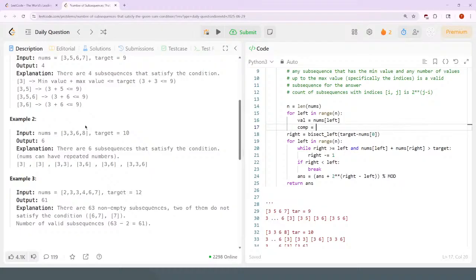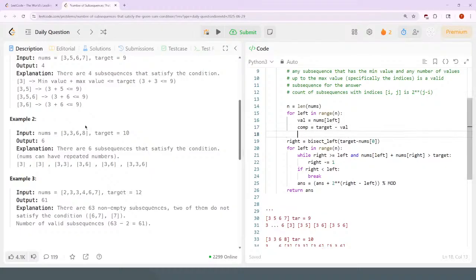The complementary value is going to be target minus this value, and then the right index is going to be equal to bisect left. Bisect left searches within a binary. Or actually, I need to specify the array and then the value.